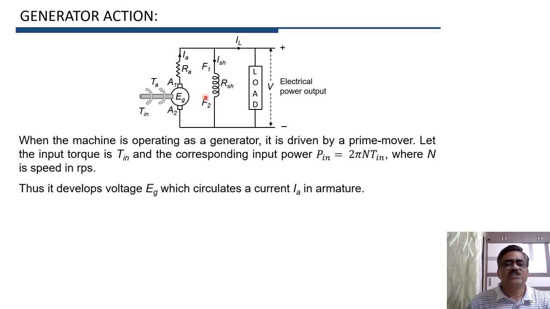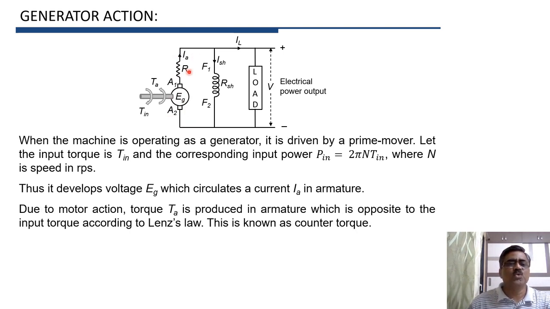Now when the armature rotates because of this prime mover, it cuts the magnetic flux produced by field poles, and therefore EMF is generated in the armature. That EMF is EG, and this EG circulates a current IA in the armature. Now when current flows through the armature, it is a case of a current carrying conductor placed in a magnetic field.